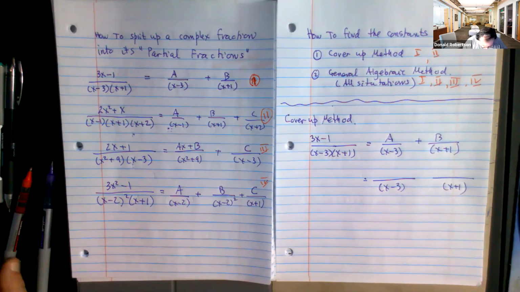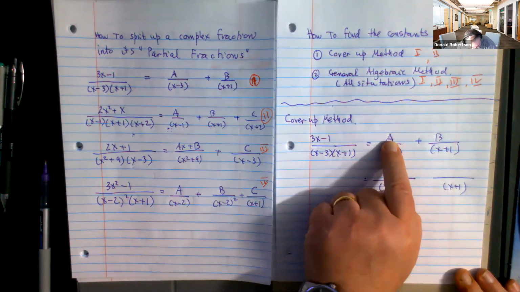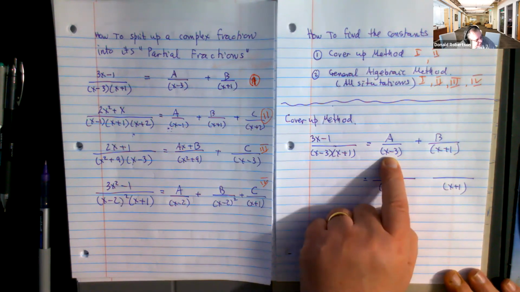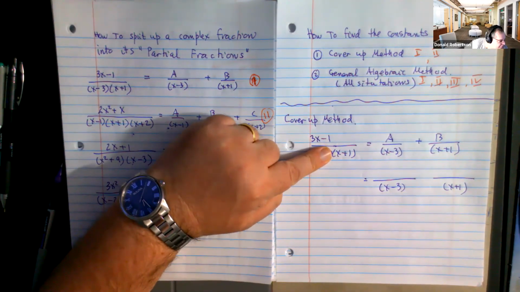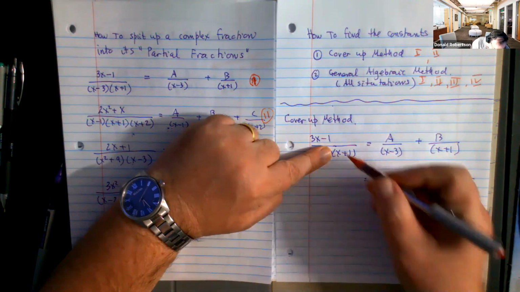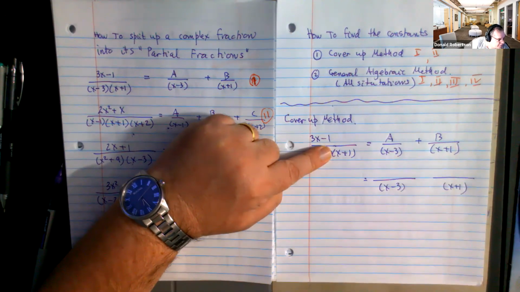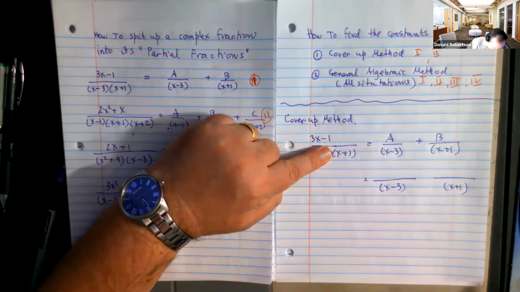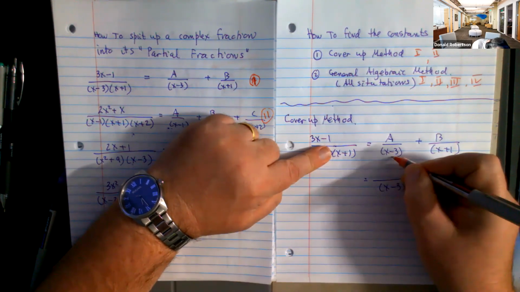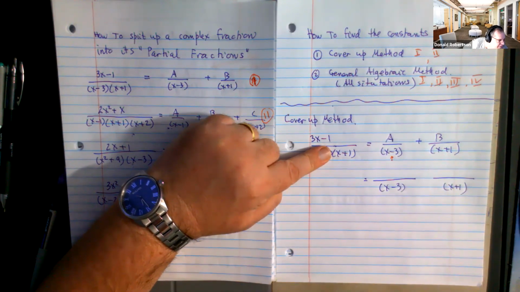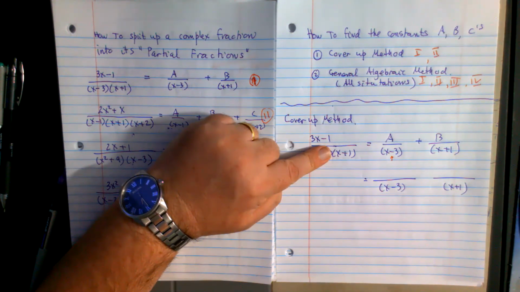So here goes. Let's get A. On the bottom is X minus 3. Go over here and cover up the X minus 3. Do you see there's a little fraction left over, right? A little piece on the top left over, a little piece on the bottom. That's probably why it's called the cover-up method. So cover up the X minus 3. Now, what number should X be to make X minus 3 zero? 3.